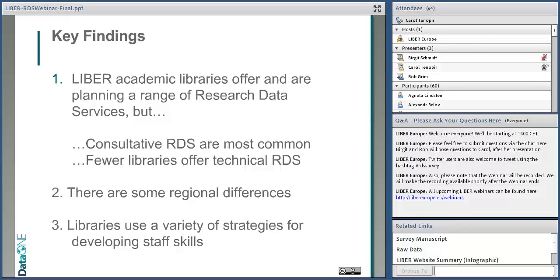The first is an examination of the range and types of research data services that are now offered or planned to be offered within the next 2 years by European academic research libraries. The second is a brief look at some of the regional differences. There are a few, not a lot, but some. And then a look at that important issue of staff skill development.